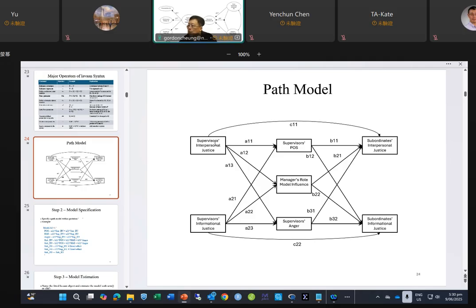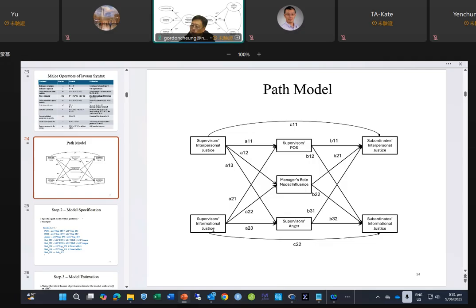We have another indirect effect, A12 times B21. Another indirect effect, A13 times B31. We also have a direct effect, C11. That means we have 4 paths: 3 indirect effects and 1 direct effect. The total effect is the sum of all 4.